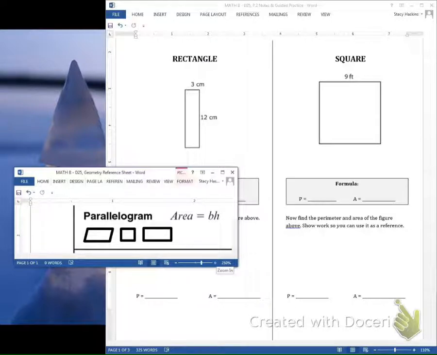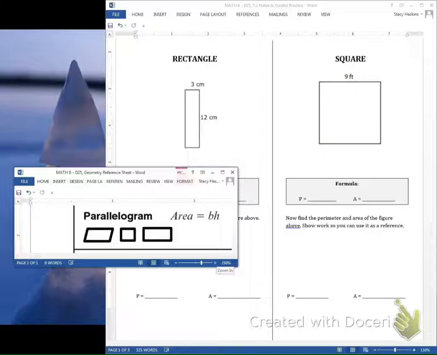A square is also a parallelogram because it has 2 sides that are parallel to one another. But it just so happens that all 4 sides of the shape are the same length. So it's a property you need to know about a square.